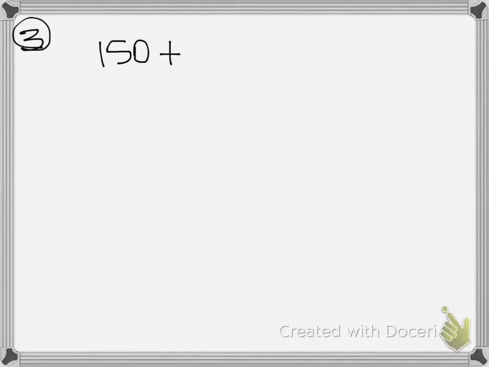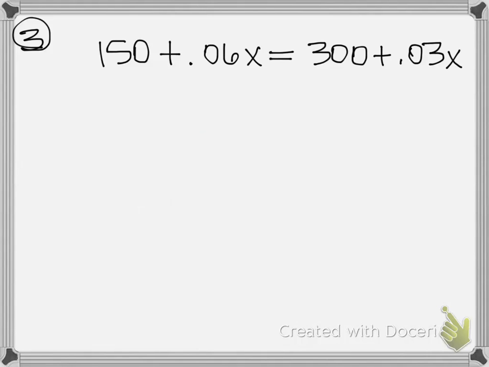So 0.06x. Okay, so let's do that. Because we don't know how many copies, so that's what we're trying to find out. Now let's find when that equals Company B. Now, Company B is 300 plus 3 cents per copy.